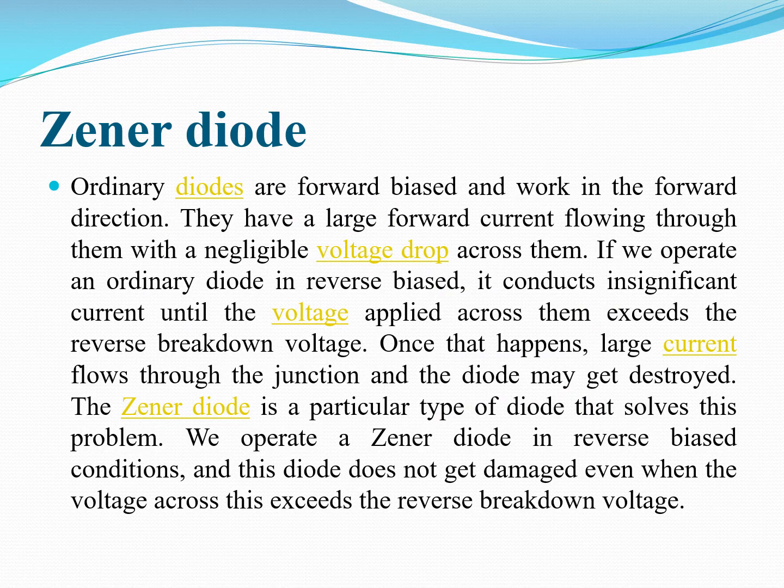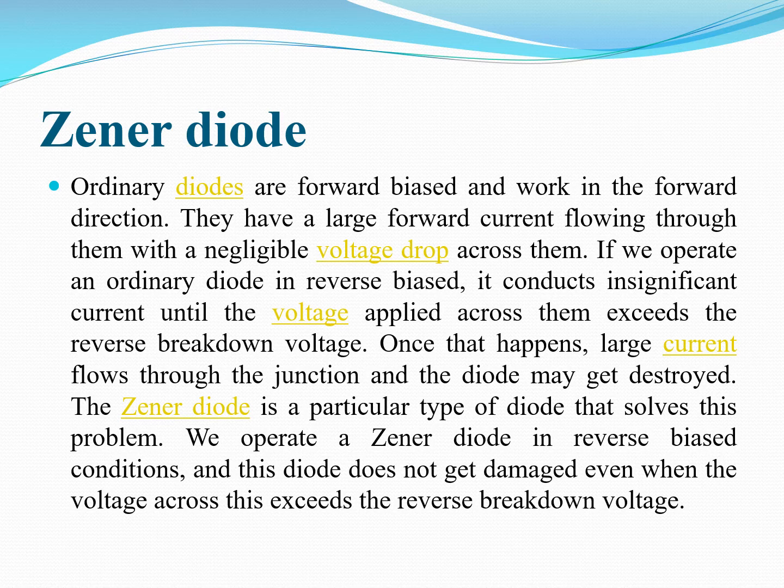Now next is very important, which is called the Zener diode. As we all know, a PN junction diode always works in forward biasing. It means from positive to negative. But when you have to work in reverse biasing, you can use a Zener diode. Ordinary diodes are forward biased and work in the forward direction. They have a large forward current flowing through them with a negligible voltage drop across them.